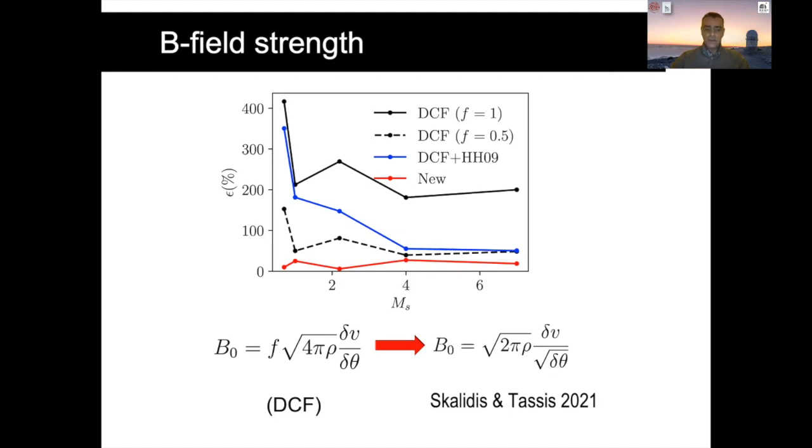Our method, which, as you can see, comes down to a minor alteration of the Davis-Chandrasekhar-Fermi formula, outperforms the previous methods, which are based solely on incompressible Alfvénic modes, and achieves a mean relative deviation of around 17% without the need for a correction.